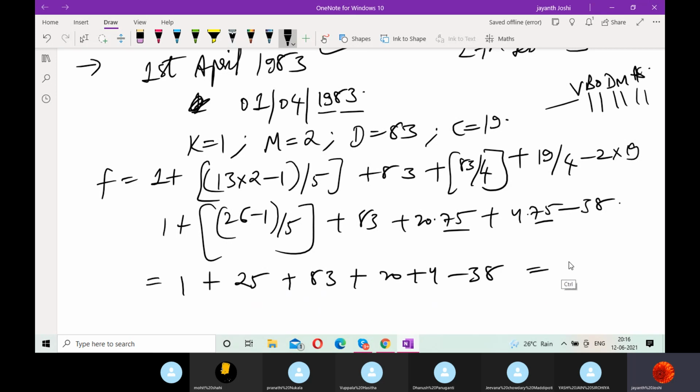So when I solve this, I get 75. All of you check this. Am I getting 75?